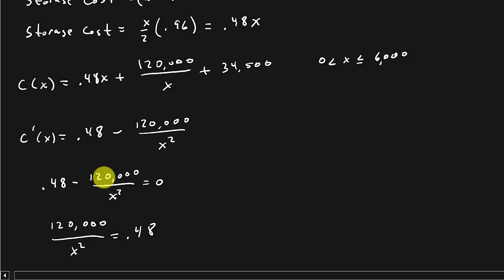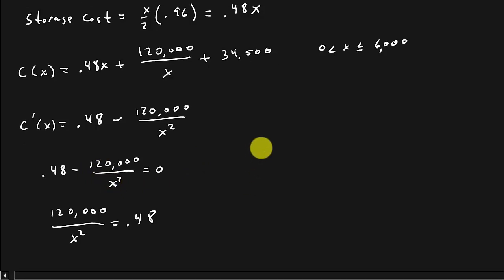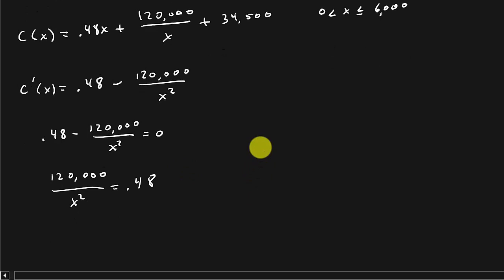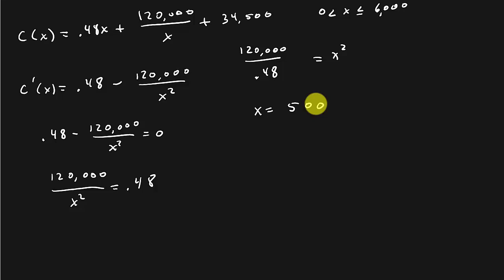I just moved this over, and you can swap sides of the equal sign. Move the X squared up here, so I get X squared equals 120,000 over 0.48. So X ends up being 500. And do remember it is plus or minus 500.